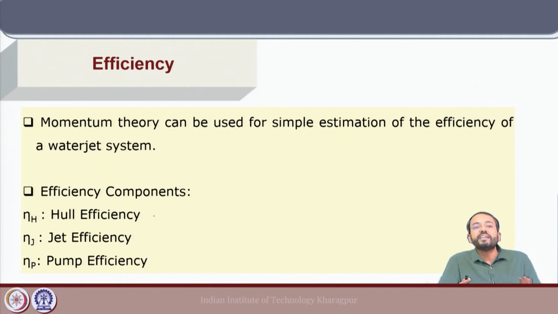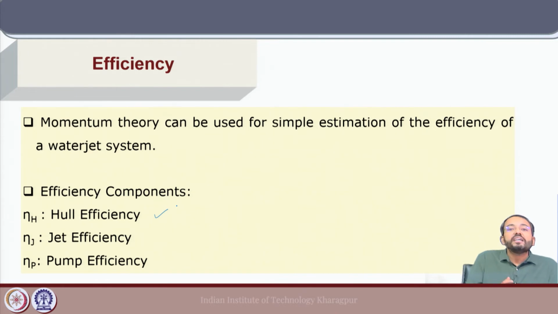Now, what are the critical components of efficiency for a water jet system? We have the hull efficiency, which is very similar to the concept as for the conventional propulsion, which depends on the shape of the stern and the interaction between the hull and the propulsion system.